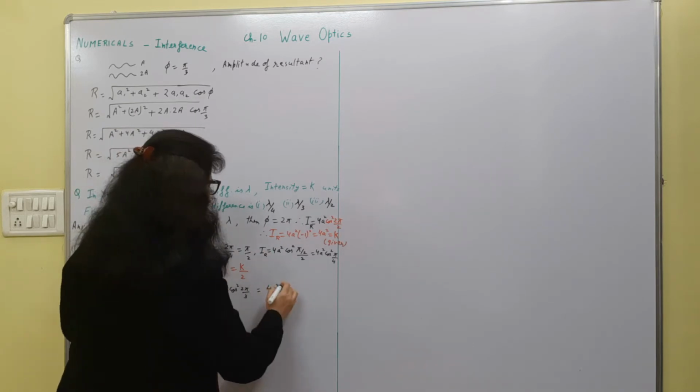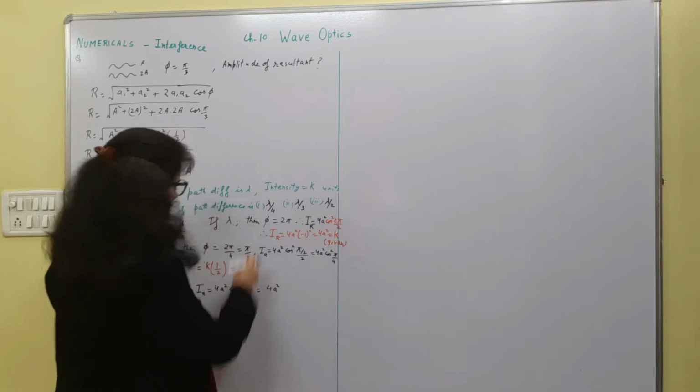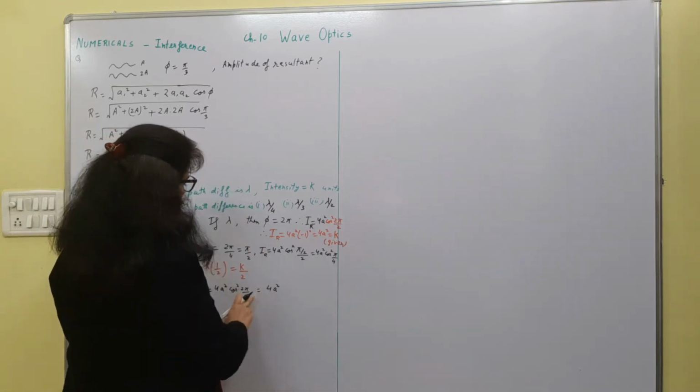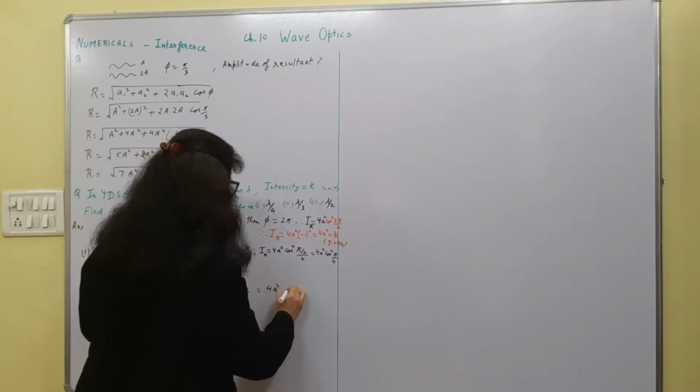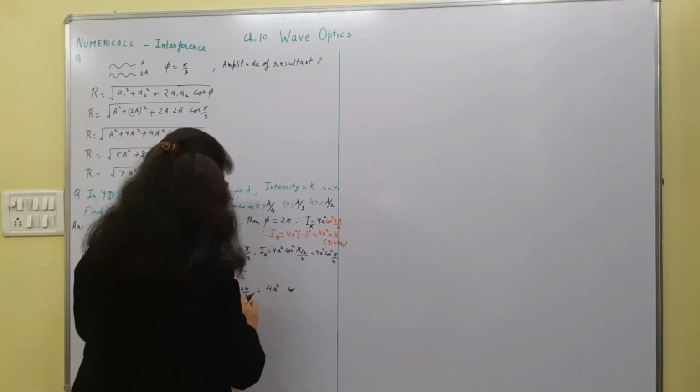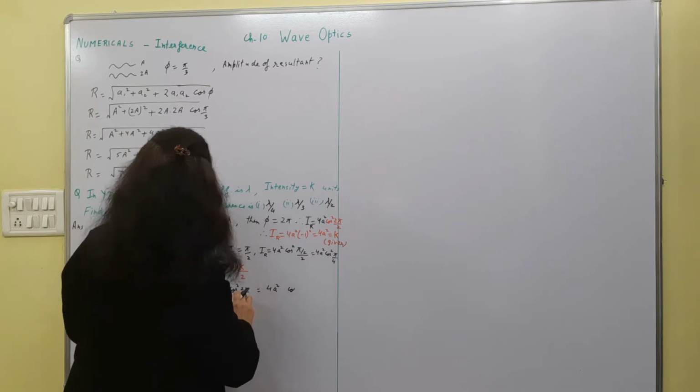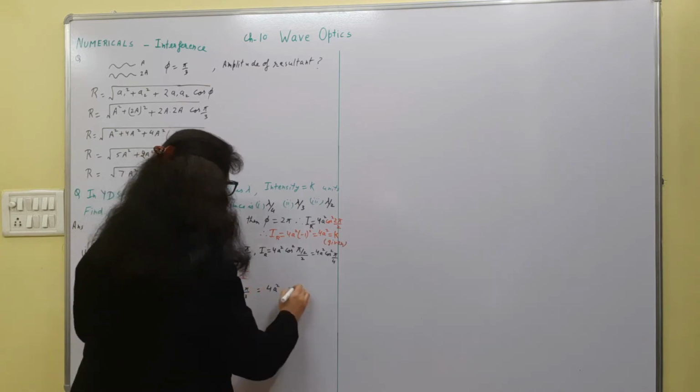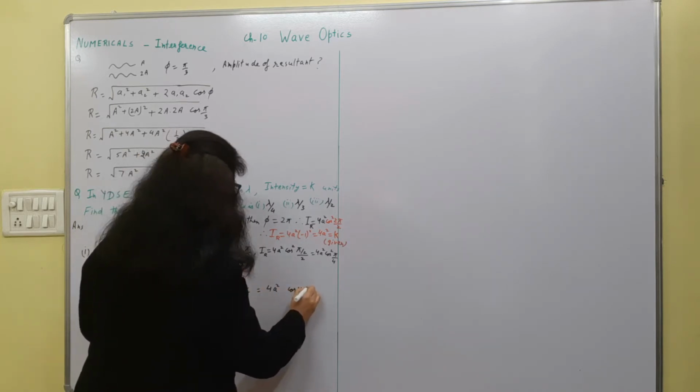I'll solve it for you. So this is cos 2 pi by 3. Cos 2 pi by 3 is cos of pi minus pi by 3. This is cos 120.